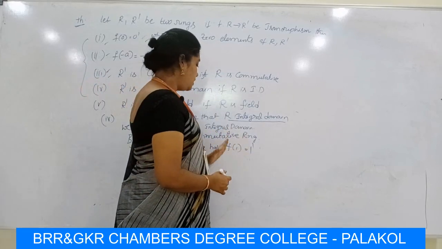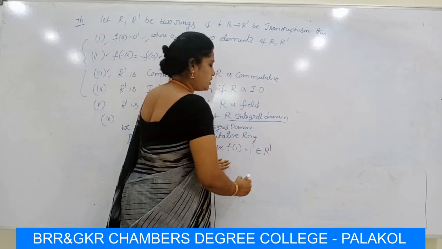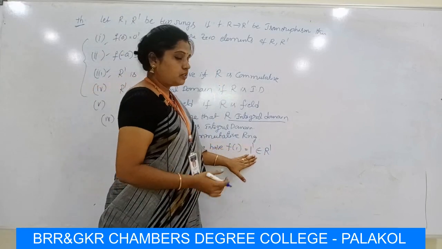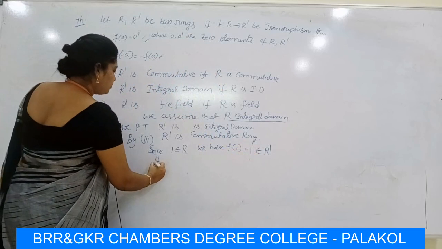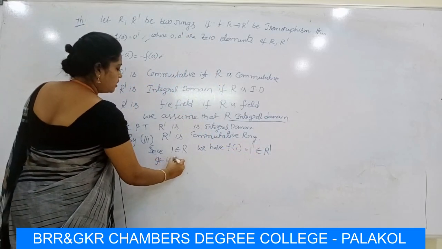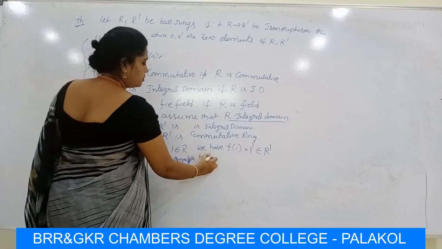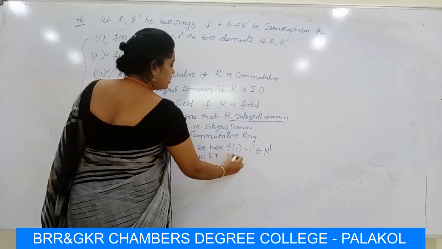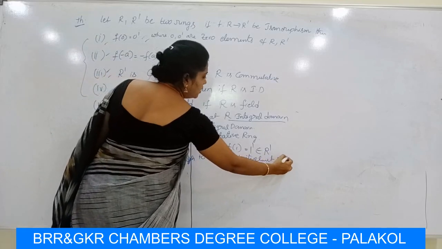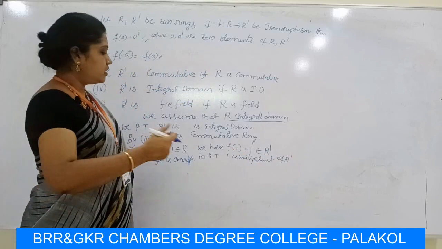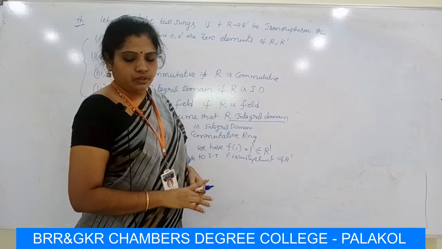It is an image under f, so it belongs to R dash. It is denoted by 1 dash. So we have to prove 1 dash is the unity element of R dash. It is enough to show that 1 dash is the unity element of R dash. By the definition of unity element, there exists an element 1 belonging to R such that 1 into a is equal to a into 1 is equal to a.